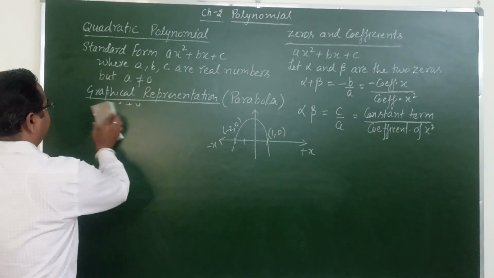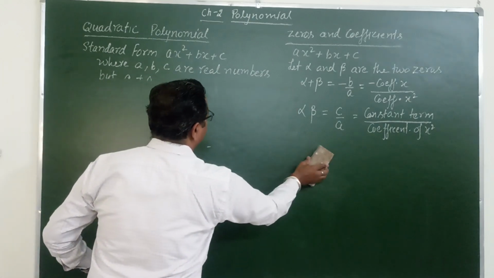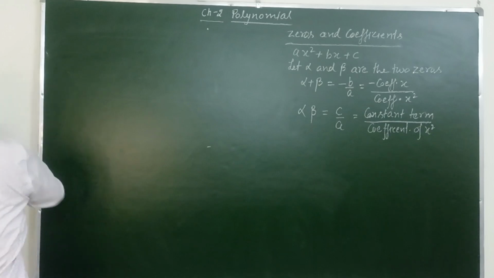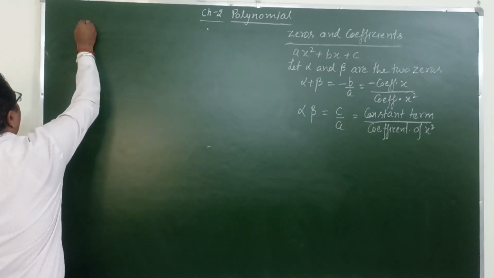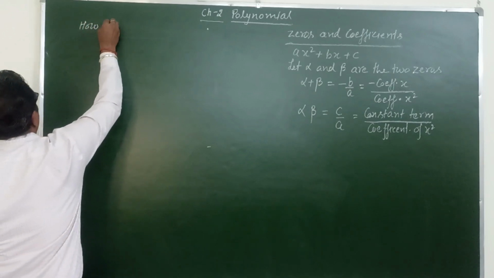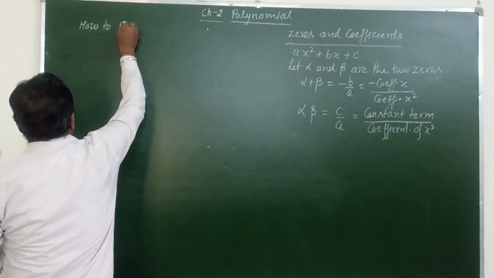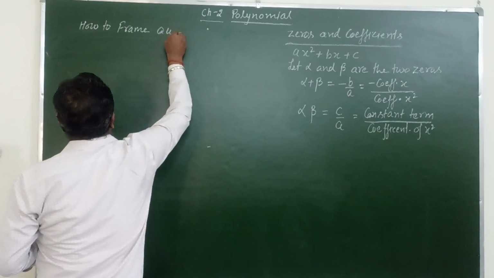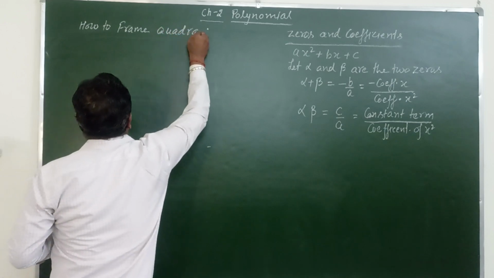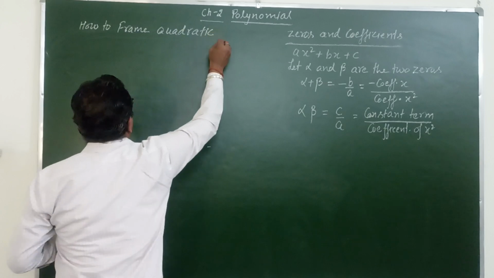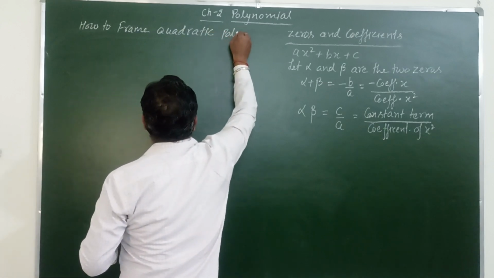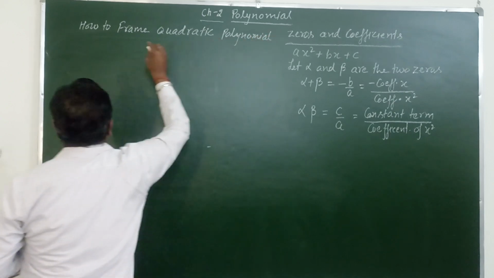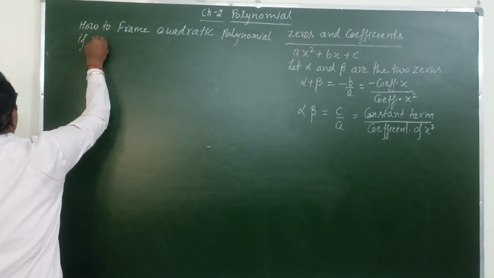I am going to explain how to frame a quadratic polynomial if zeros are given.